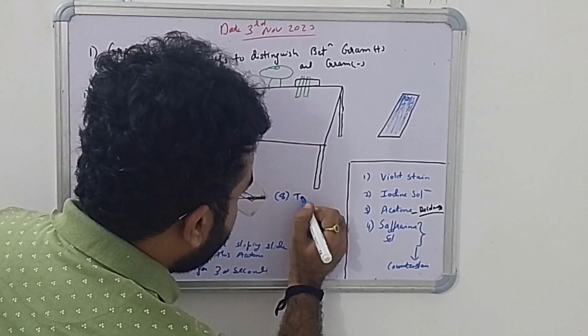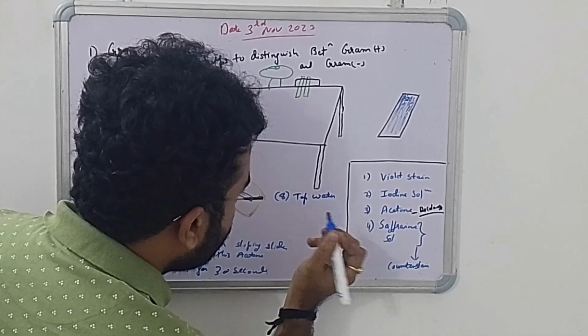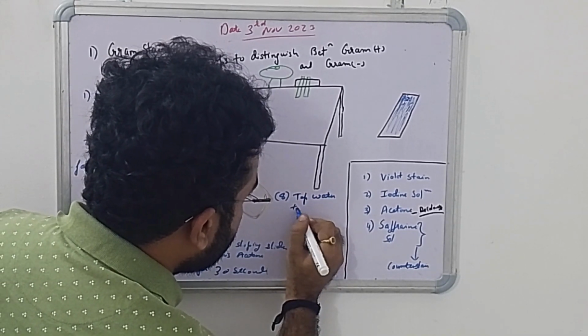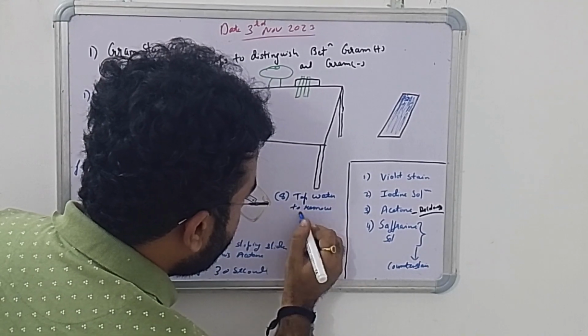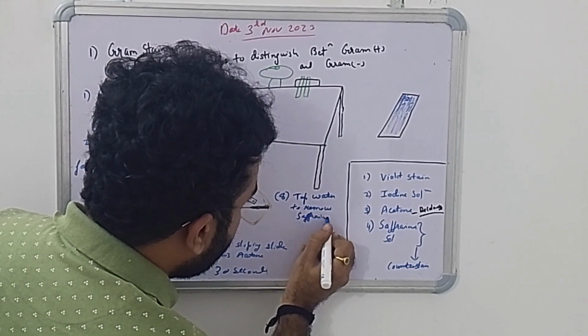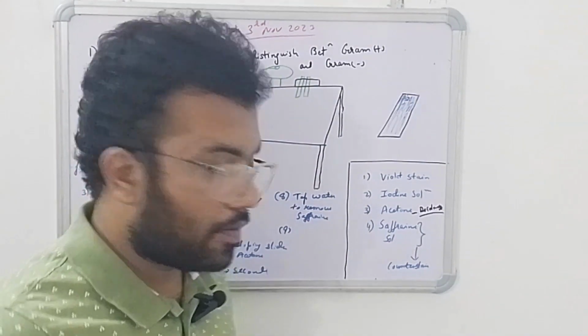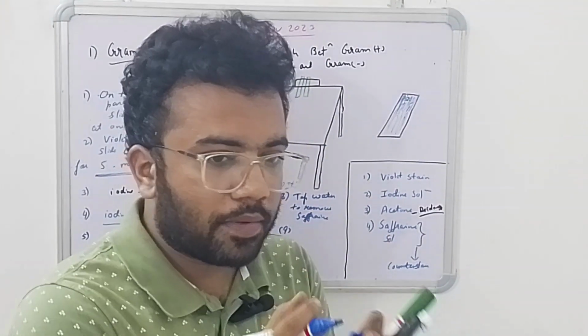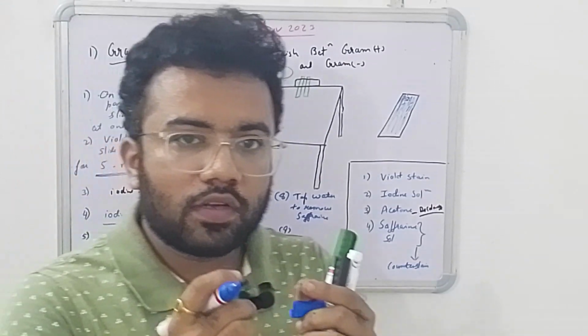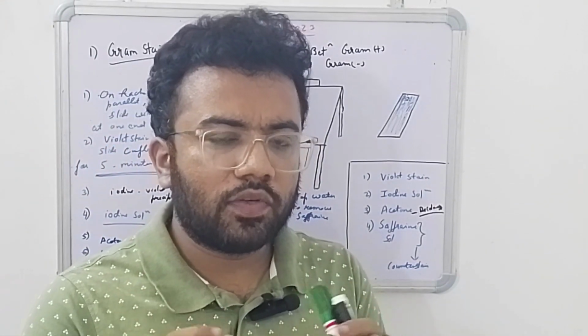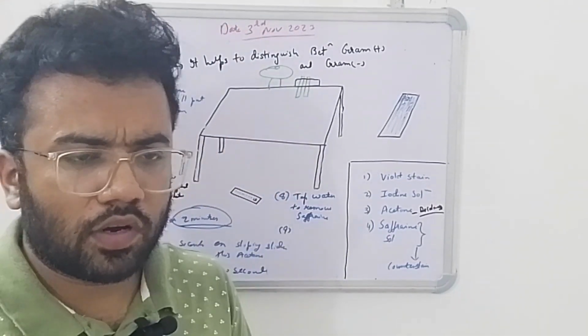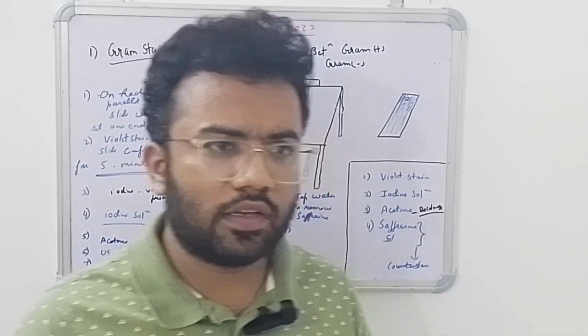Now finally, you have to go with blotting paper. Gently press the slide with white blotting paper, on which there is no dust or any other particles.